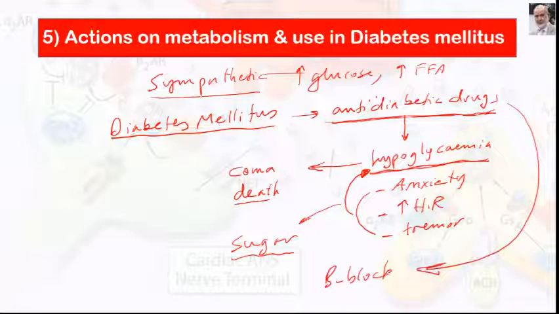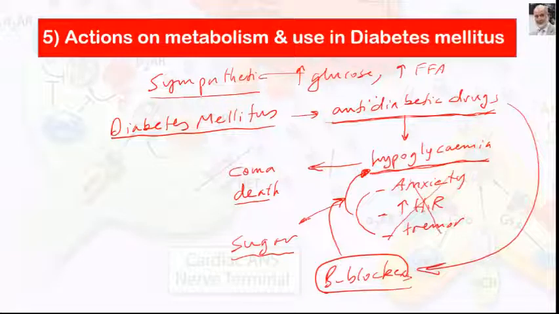Beta blockers, if a person treated with anti-diabetic drugs is given a beta blocker, will block the peripheral signs of hypoglycemia. So the person will not feel the anxiety, the tachycardia, or the tremor. He will not know that he is entering into the hypoglycemic stage.